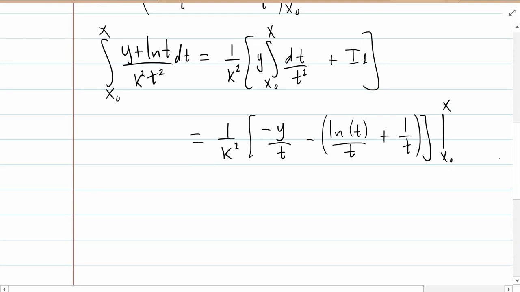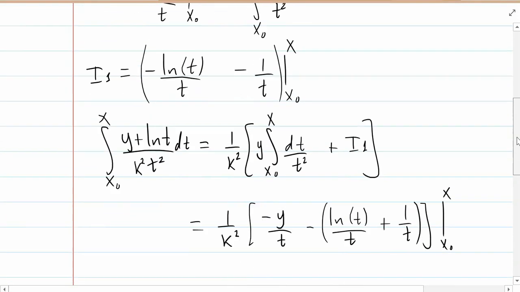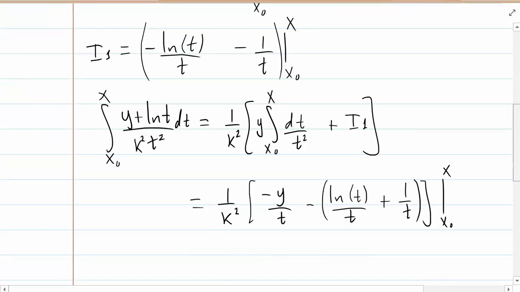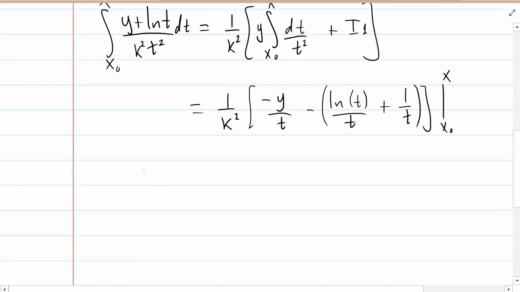Now, we have a little problem. Basically, when t is equal to 1, this term vanishes, this term becomes 1, this term becomes negative y. Okay, I'm going to follow that, and we're going to see why that will be a problem.